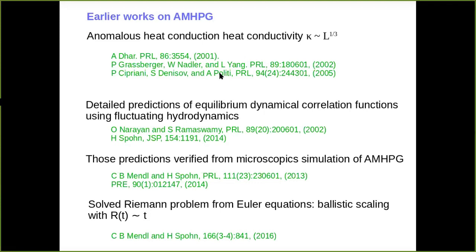In these next works, some theoretical understanding has been achieved to predict equilibrium dynamical correlations in detail using fluctuating hydrodynamics for some anharmonic chains, and those predictions are verified in these works from microscopic simulation of the alternate mass hard particle gas.